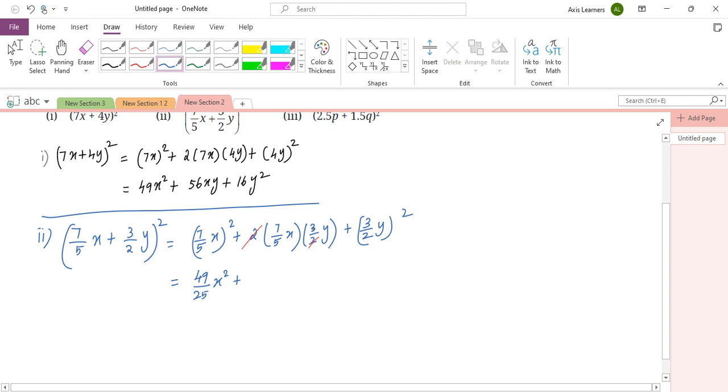Now do the multiplication. 3 7s are 21, 21 x into y, xy. 21xy divided by 5. Now 3 by 2y the whole square. 3 square is 9y square divided by 2 square is 4. So 49 by 25 x square plus 21xy by 5 plus 9y square divided by 4. This is the expansion of the second one.